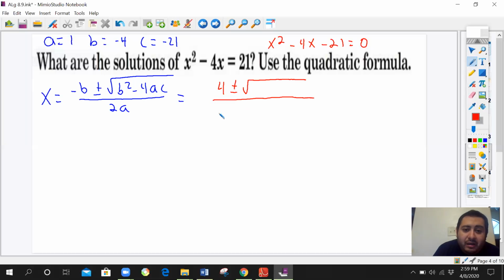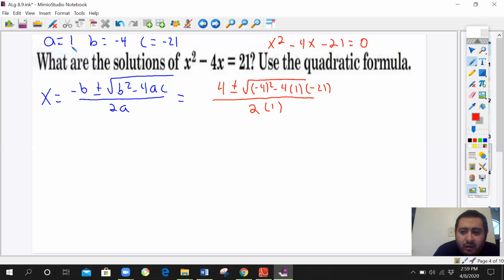Your 2 times your a is just 2 on the bottom. Here, you have -4 squared minus 4, 1 times -21. All right. Notice I skipped a little section, but you could just do times 1 because a is 1.